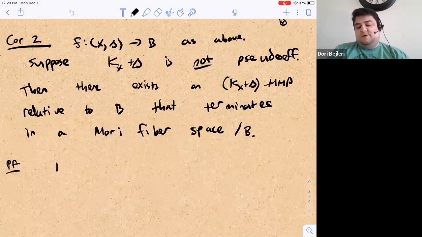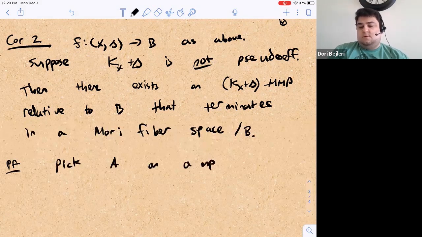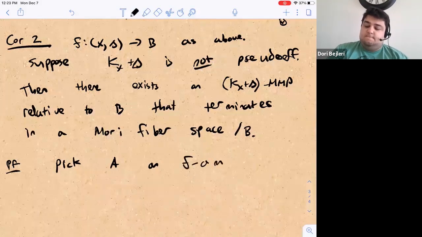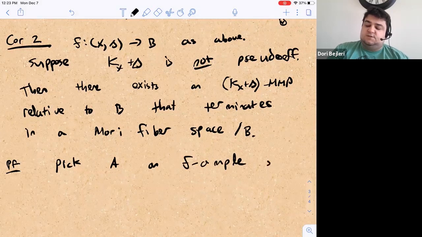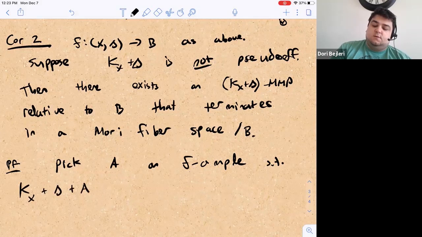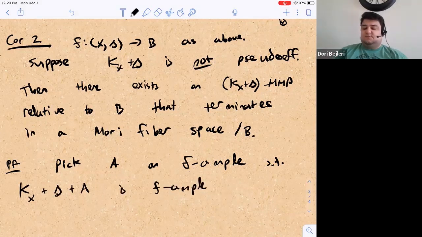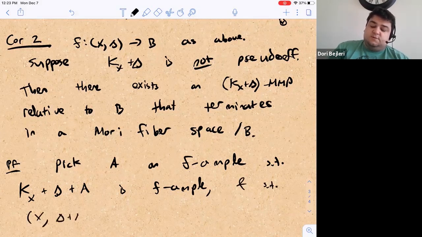So pick some ample relative to B, so pick an F ample A, such that kx plus delta plus A is F ample. So make A very large so that when we add kx plus delta, it's still positive. And such that the pair x delta plus A is KLT.